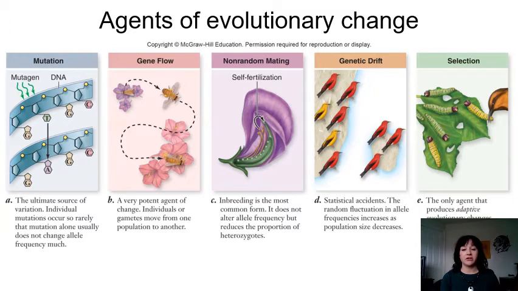So if a population is too small, anything that happens to that population to change the percentage of different traits is going to have a really drastic effect. And then lastly, we have selection, right? A process in which a certain trait is giving an advantage over other individuals without that trait.